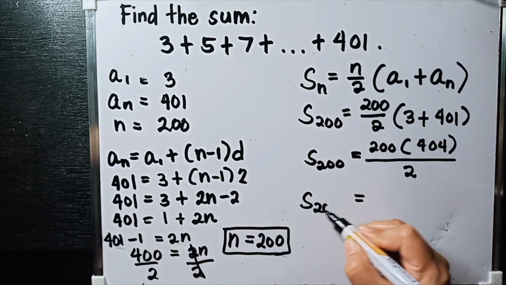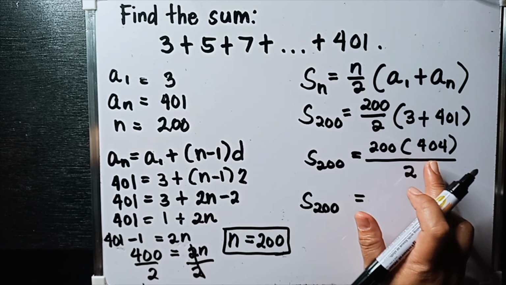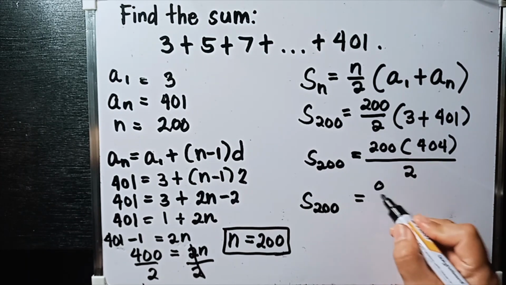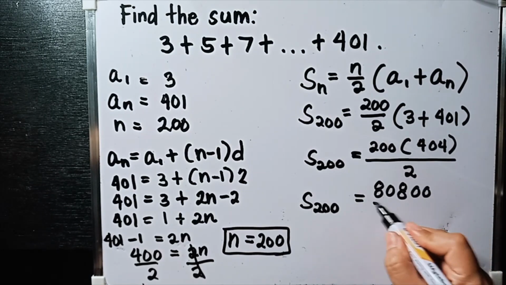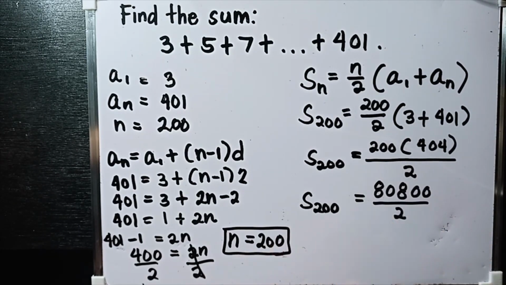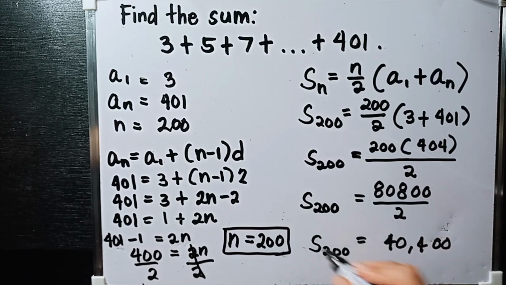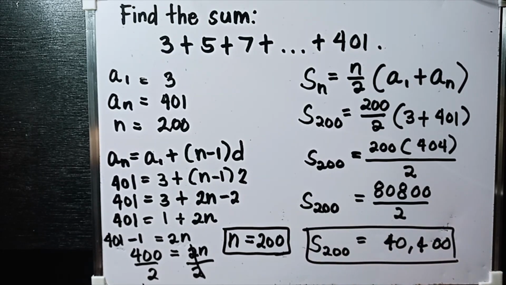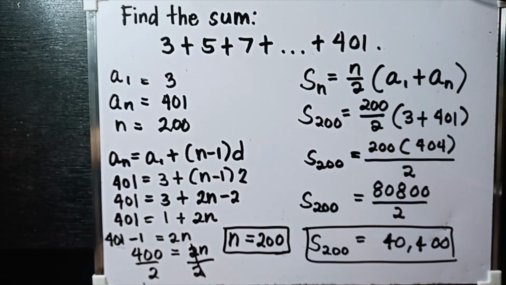Okay. So, 200 times natin kay 404, which is 80,800 divided by 2. So, we have 80,800 divided by 2. So, S sub 200 is 40,400. So, eto na ngayon yung hinahanap natin. So, the sum of this series is 40,400.